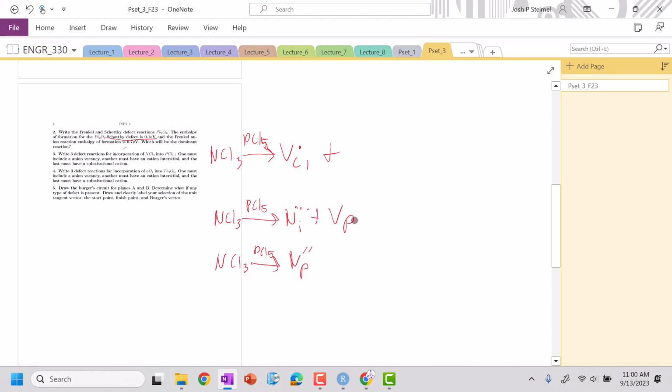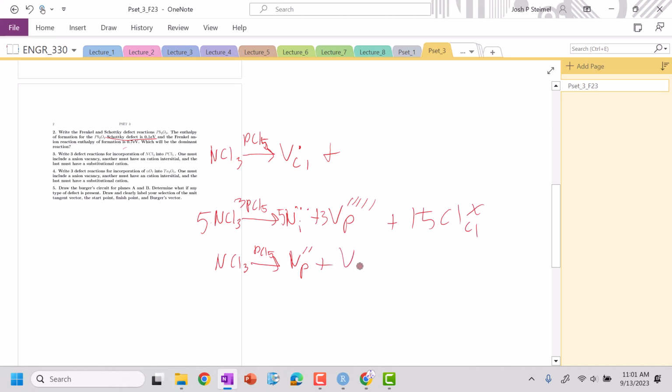This is going to be -5, 1, 2, 3, 4, 5. So now, to have charge neutrality, I need 5 of these and I need 3 of these. If I do 5 here, that's going to give me 15 ClClX, and I need 3 of these. We're good to go. That's balanced.